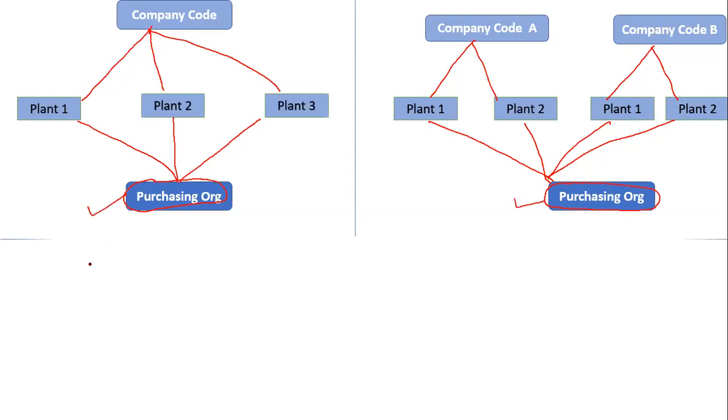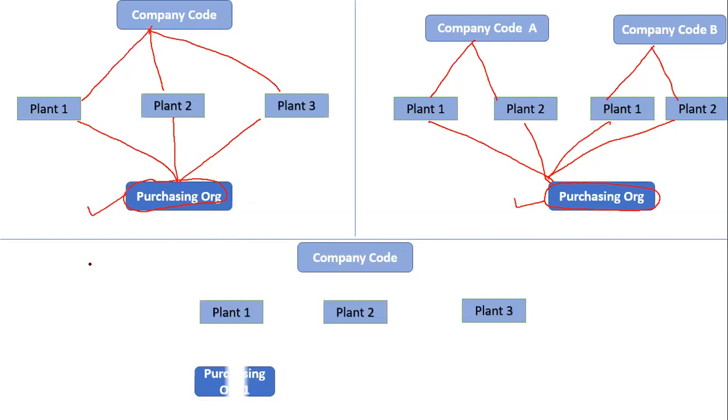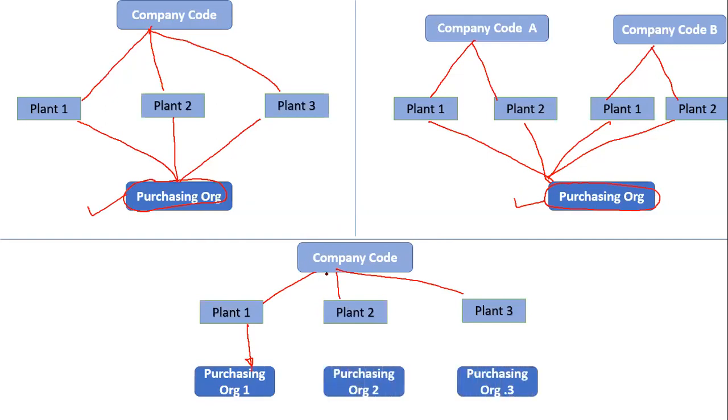And decentralized purchasing organization is the opposite of centralized. Let's say I have a company code, and under that company code I have three plants, and each plant has a separate purchasing organization. Plant 1 has purchasing organization 1, plant 2 has purchasing organization 2, and plant 3 has purchasing organization 3.